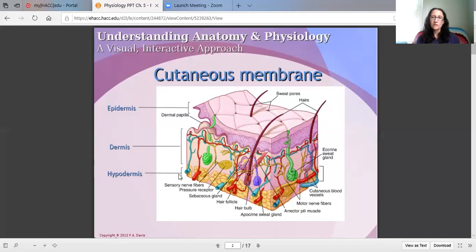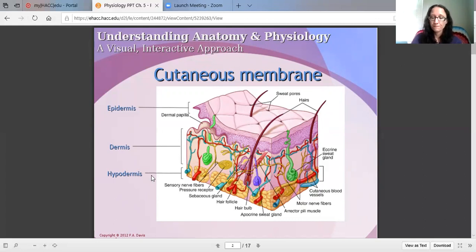So this adipose and areolar tissue actually anchors the skin to the underlying tissue. Now, the hypodermis does have blood vessels, but more importantly has the adipose, which of course is going to insulate, and also help maintain our body temperature.